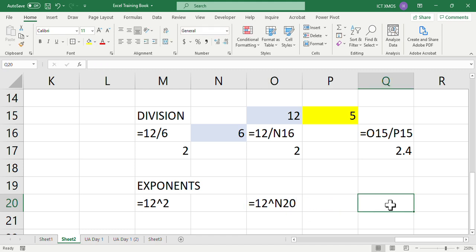Or we can have it as this: equal to O19 raised to power P19.